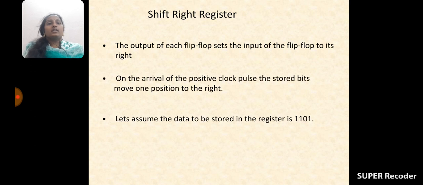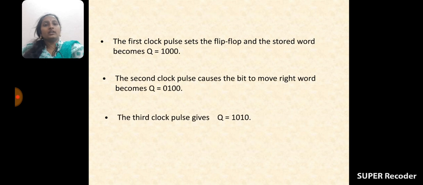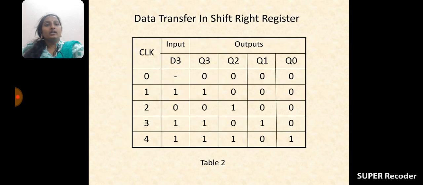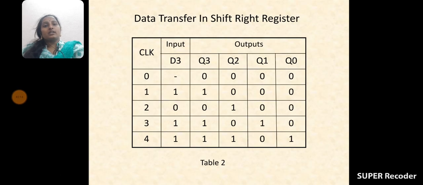While coming to the theory, on the arrival of positive clock pulses, the stored bits move one position to the right. Here let us take one example, 1101. This is the truth table for the given one. For the data transfer in the shift right register, for the first clock pulse it is 0, 0, 0, 0.